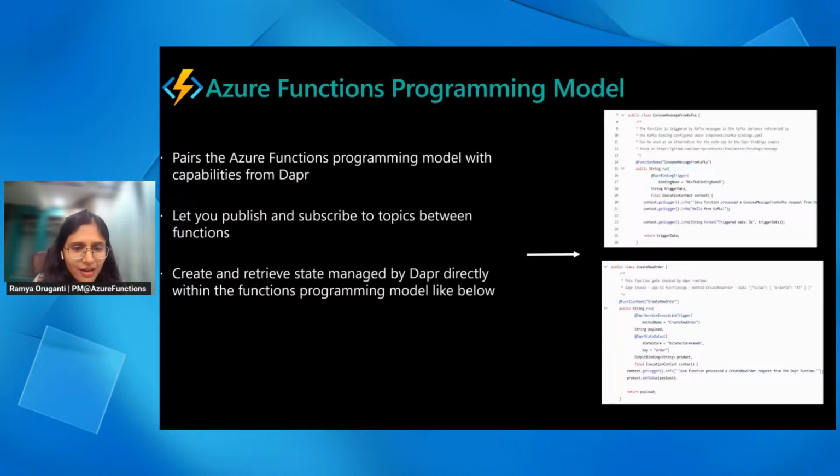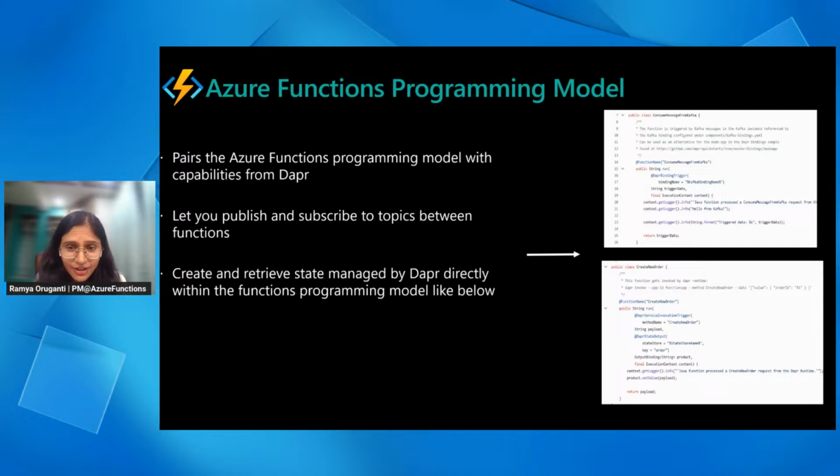So that's about observability. Moving on, I really want to touch upon the Functions programming model because it's awesome, the abstraction that you get. Whether you're writing functions in Python v2 or Node v4, all the developments that are happening are applied to a function app enabled with the Dapr extension as well. For example, triggers and bindings can be declared as decorators, which eliminates the need for the function.json config file.